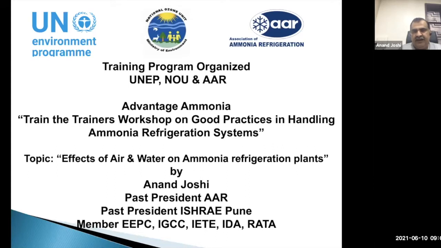They are all running, and more efficiencies are coming because of ammonia. In many cases, we have observed that in some plants, electrical energy becomes the most dominant factor in the running and operation cost, or what we call the OPEX of the plant. Here, ammonia gives you far better and superior results.